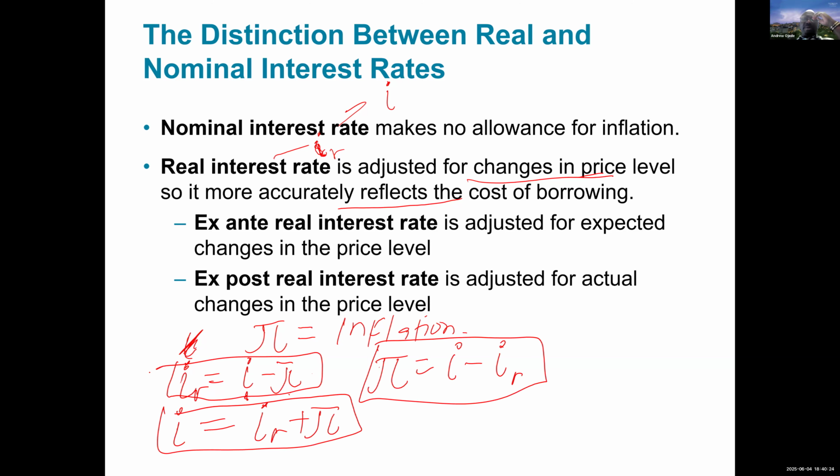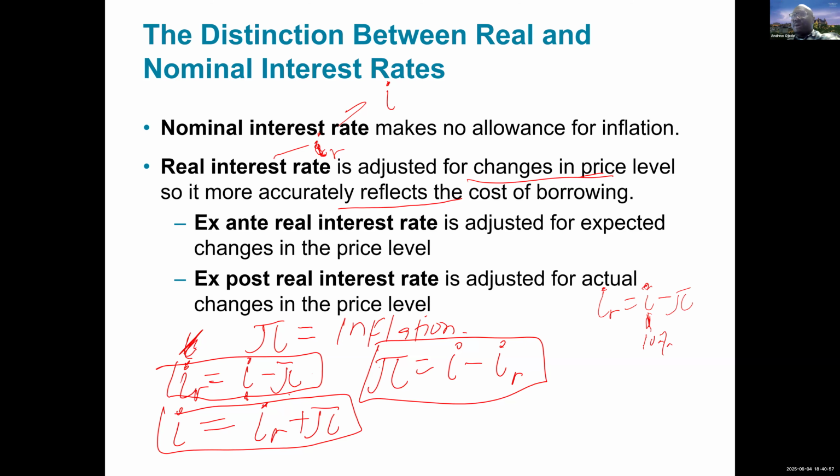So let's discuss a little bit. If the banks are giving you a loan, let's write the real interest rate formula, because that's what the banks are looking at. Real interest rate equals nominal interest rate minus inflation. You go to the bank and the bank says, we are loaning you money, but we're going to charge you 10%. That quoted interest rate is what we call the nominal interest rate. The bank knows that if you pay back that money after 1 or 2 years, they are not making 10%, because after 1 or 2 years, prices of goods have gone up.